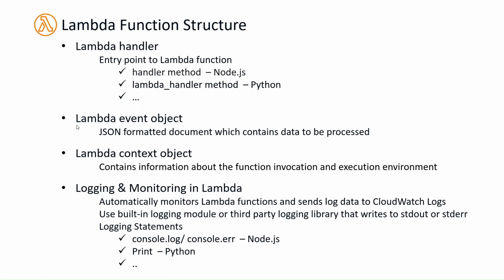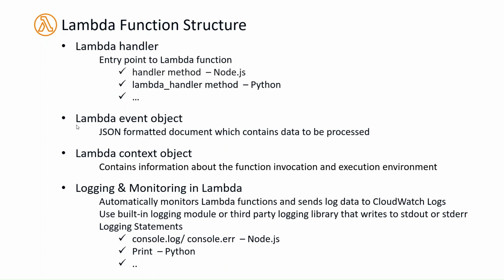Next, the Lambda event object. The Lambda function handler takes two arguments. One is the event object and another one is the context object. An event in Lambda is a JSON formatted document that contains the data for the function to process.